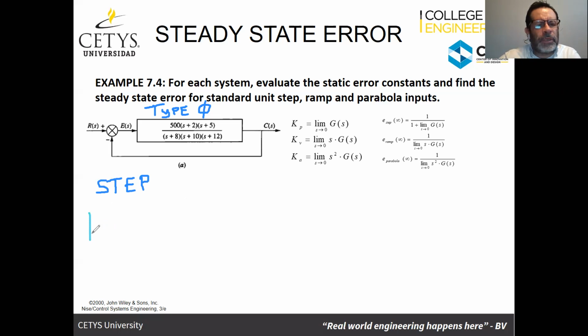KP is going to be the limit when S tends to 0 of G of S.